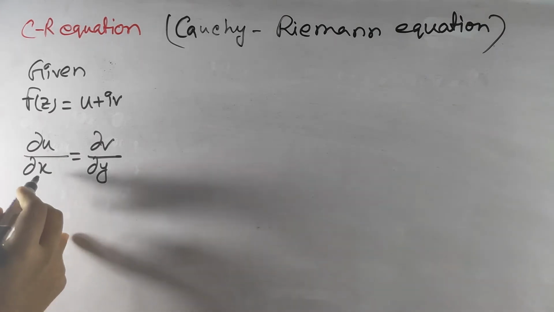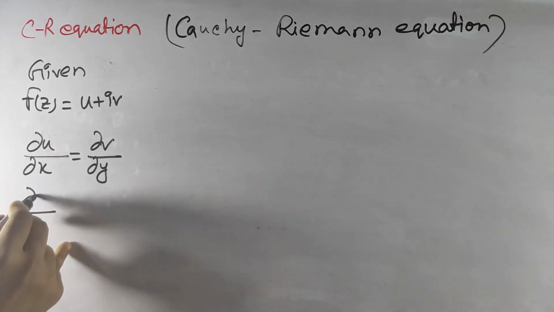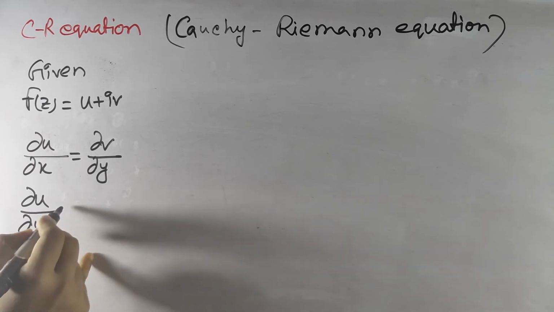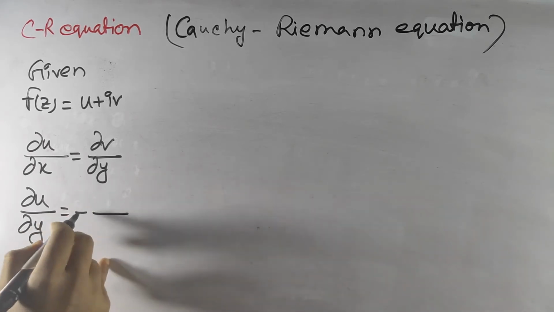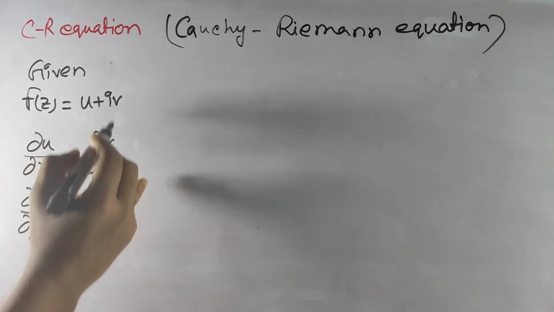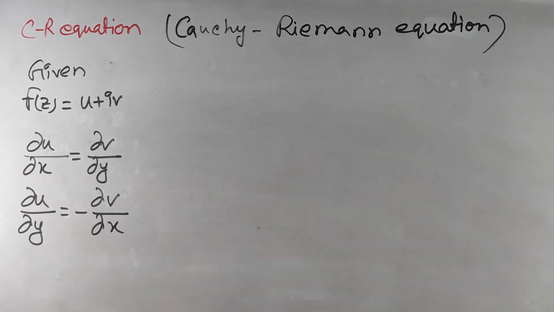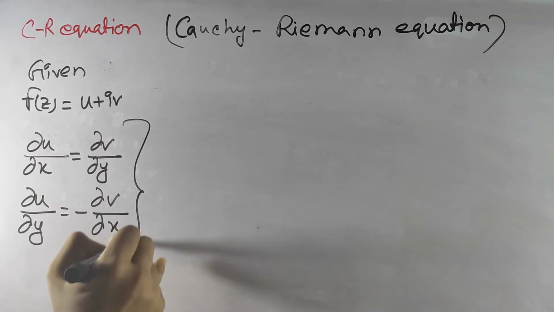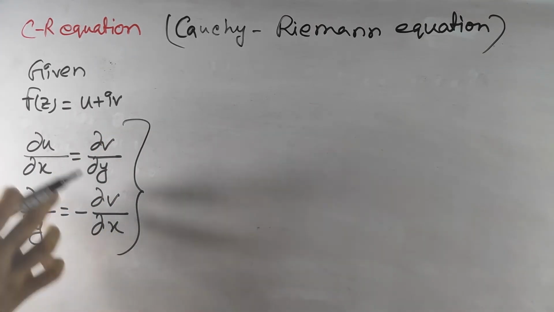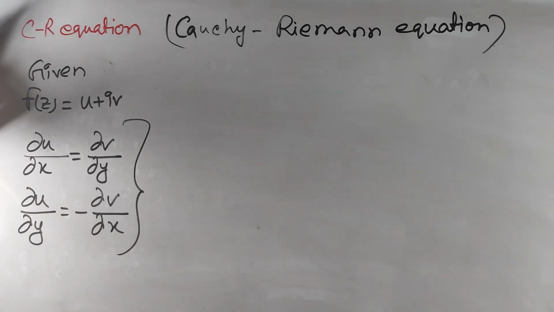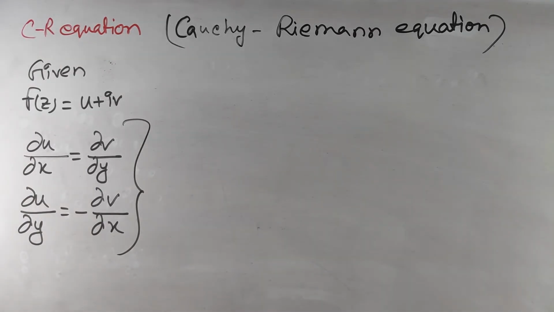The partial derivative of the real part u with respect to y equals minus the partial derivative of the imaginary part v with respect to x. These two equations are known as the Cauchy-Riemann equations. If any function satisfies these two equations, then it is called an analytic function.